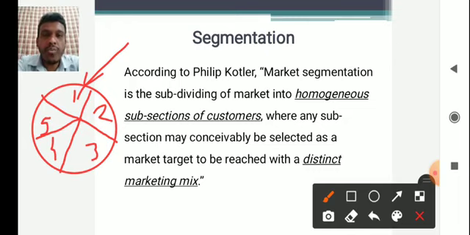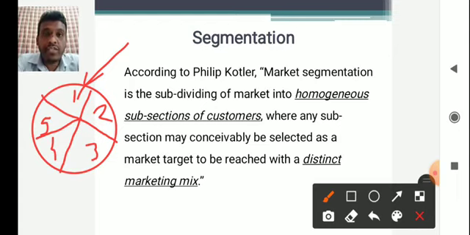Continuing this point, a company may have different products. Suppose it has a very high quality product at a premium price, that is a very high price, and similarly a low quality product at a lesser price. You may note that the brand names of these products which the same company has are different. They don't sell at the same brand name. They sell by different brand names, so that people will not get confused.